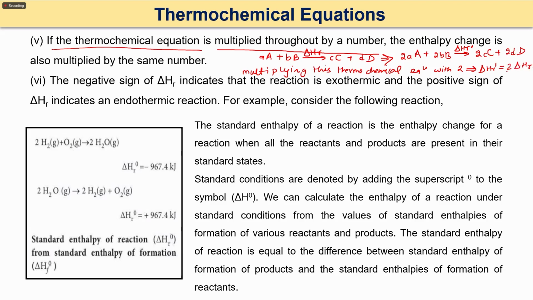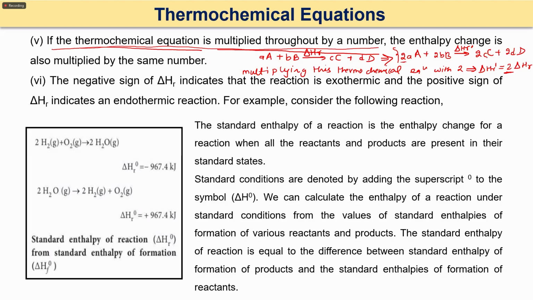It will get multiplied by the number to which your equation has been multiplied. So what is written here is that if the thermochemical equation is multiplied throughout by a number, we have multiplied here with 2, then the enthalpy change is also multiplied by the same number.